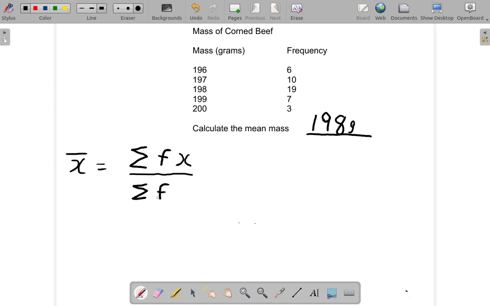Look in some books and you will see that formula as the way you calculate the mean from a frequency table like this. Alright? So, hope you're okay with this.